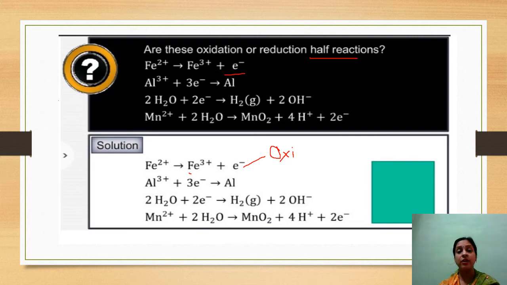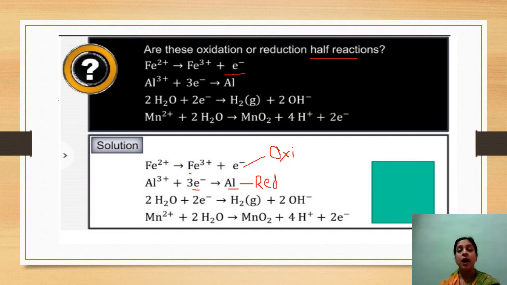Whereas if we are talking about when aluminium 3 positive ion accepts 3 electrons and is converted into the aluminium atom, then which reaction or which half reaction has taken place in this one? So obviously बेटा क्योंकि इसके अंदर आपका क्या हो रहा है, गेन ऑफ इलेक्ट्रॉन हो रहा है. So this one will be the reduction reaction.